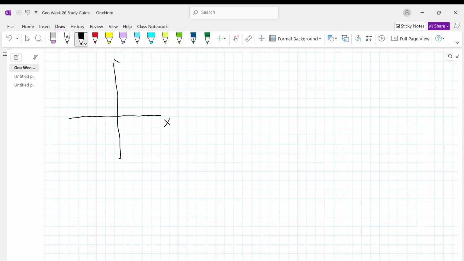Got our X and our Y. I'm going to put a point down here, point A, and it's at (-4, -3). And then point B up here, we'll say that it's at (6, 9).